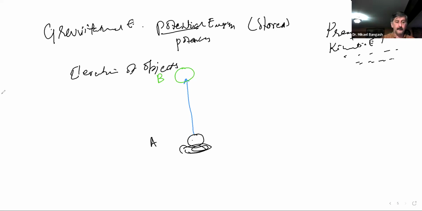Now what the ball will be doing as it is elevating or flying up in the air is increasing in gravitational energy.